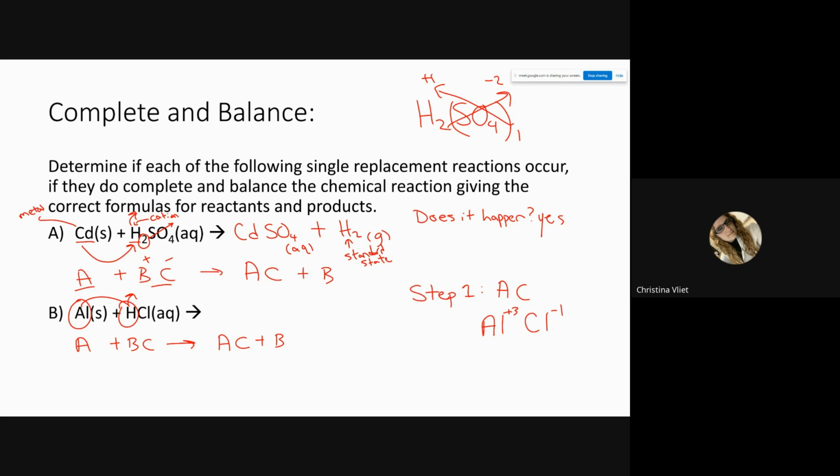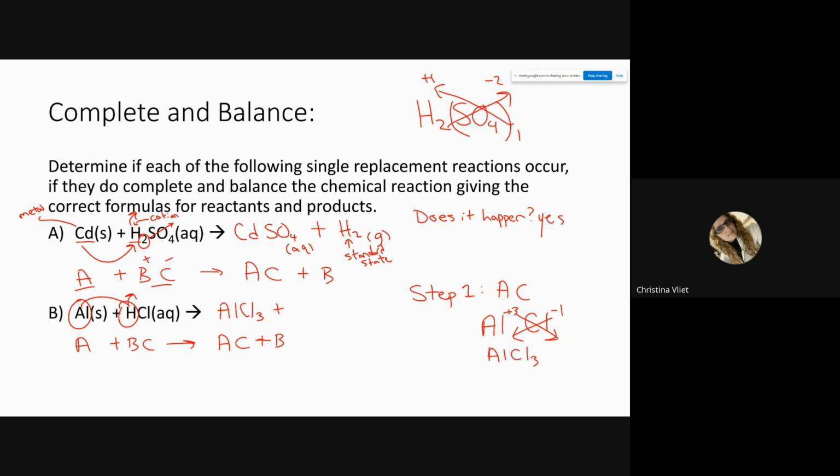Now what? Same strategy. Swap. So you get AlCl3. That goes where you put AC. AlCl3. What is my other product? I made my AC, now I've got to make my B. What got kicked out?